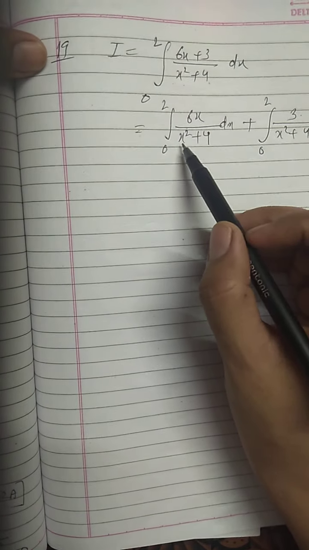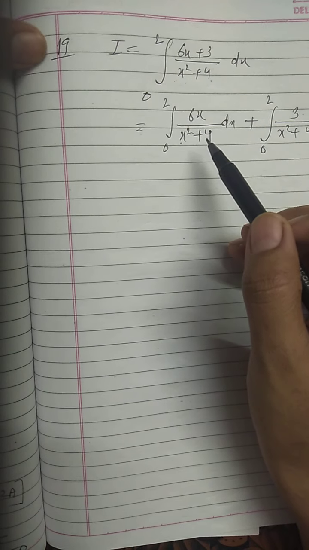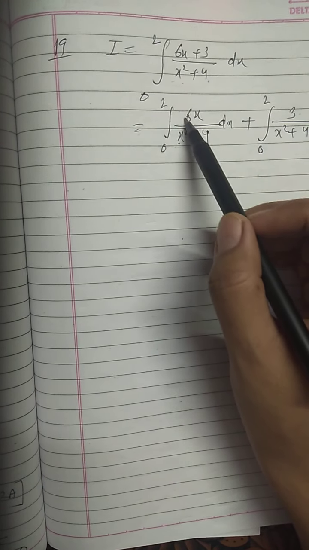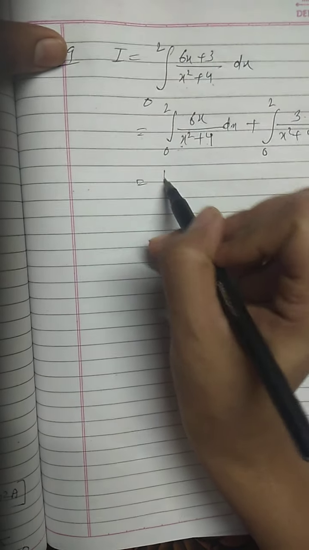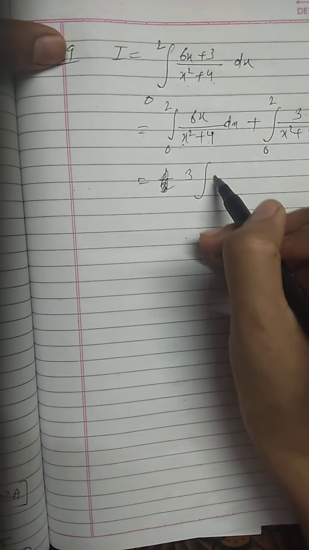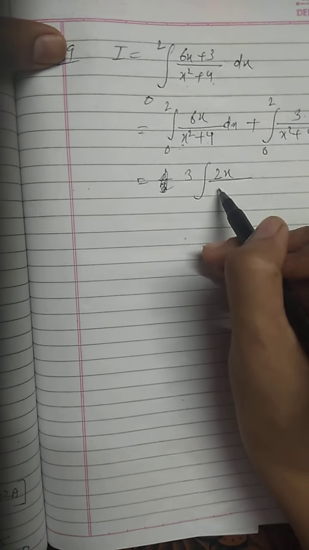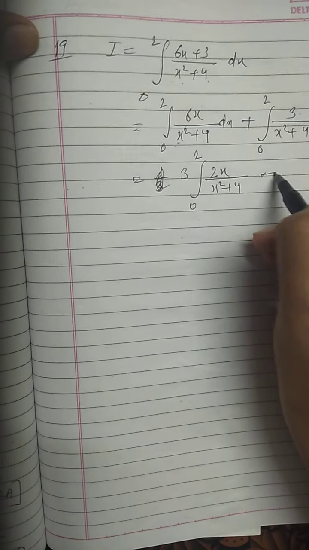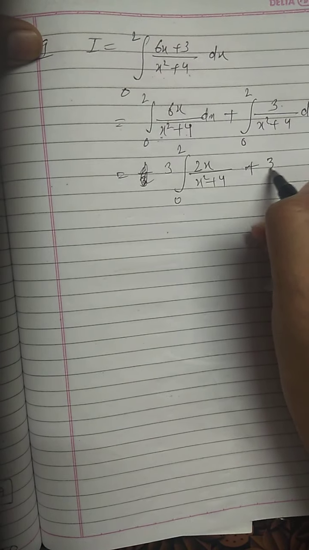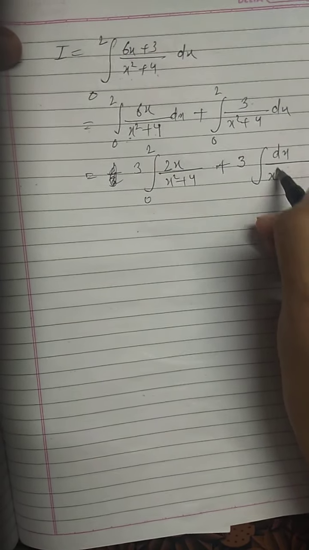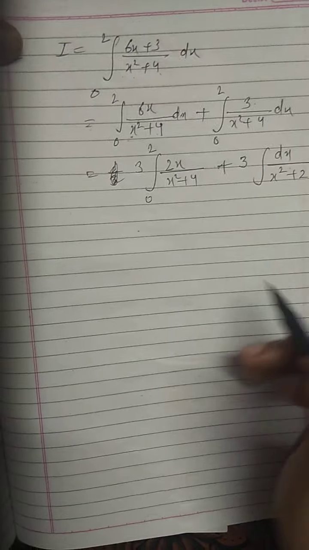Now this 6x, the denominator is x square plus 4, and we know the derivative of x square plus 4 will be 2x. So from here, if I take 3 outside, I write 2x upon x square plus 4, limits 0 to 2, and similarly this 3, if I bring here, I have dx upon x square plus 2 square.